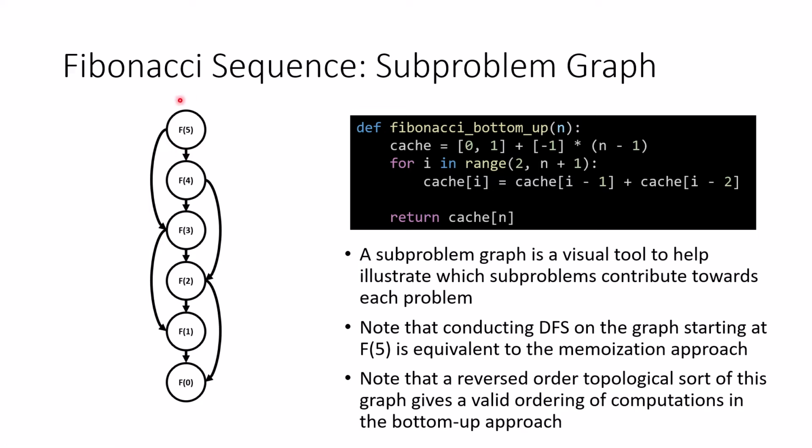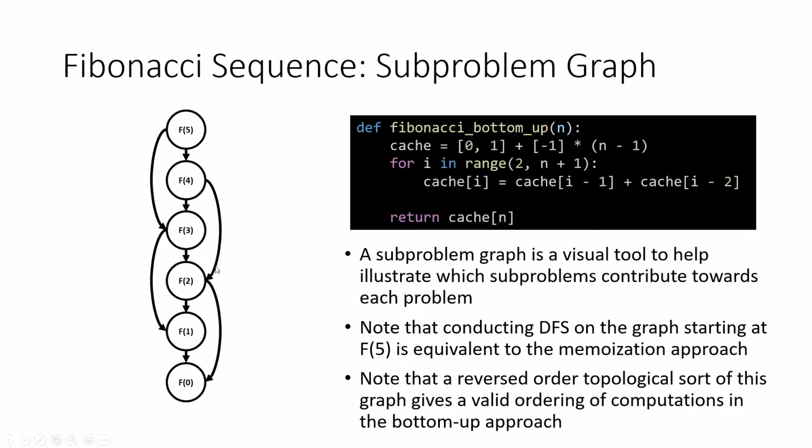The biggest subproblem is the problem that we're trying to solve in the first place. That was f of 5, which corresponded to two different subproblems: f of 4 and also f of 3. And f of 4 also consisted of two subproblems, f of 3 and f of 2.